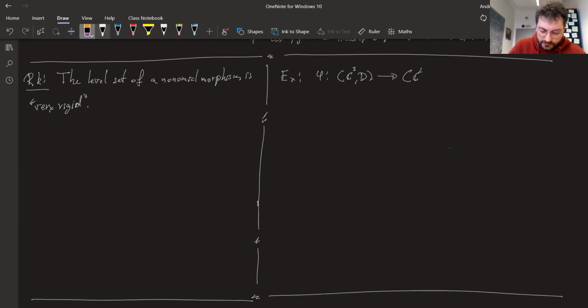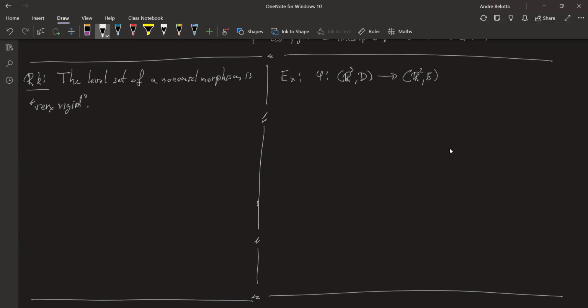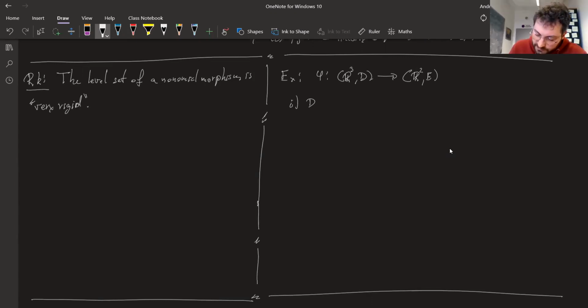Why am I taking C3? I can take R, because I copied from the paper. R3 to R2. In the first example, let's take D being u1, u2 equals 0, and E being x1 equals 0.